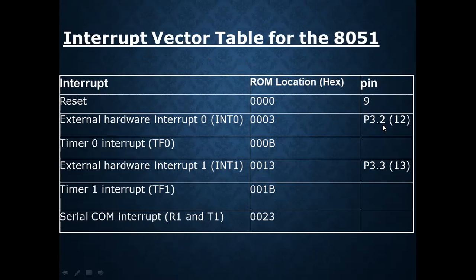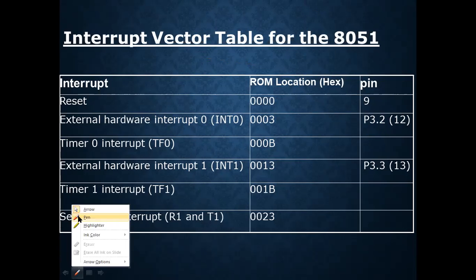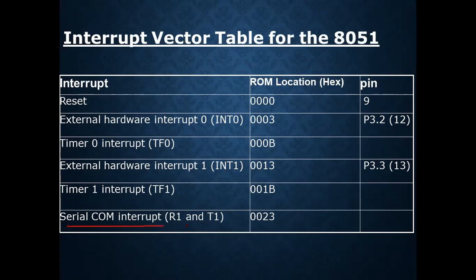We have already discussed the serial communication interrupt. Receiving and transmitting are of the same interrupt, and whenever a transmit or receive interrupt occurs, the interrupt service routine starts from 0023H. Understood?